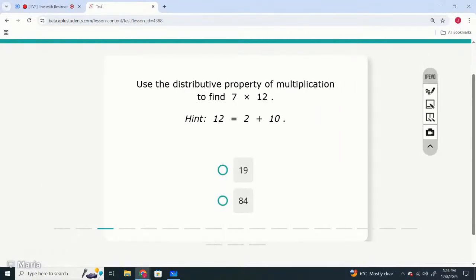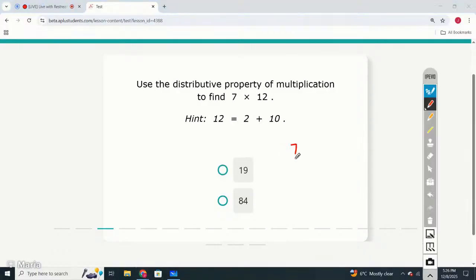Use the distributive property of multiplication. 7 times 12. We need to write down the 12 as 10 plus 2. So we have to do 7 times 10 and plus 7 times 2.